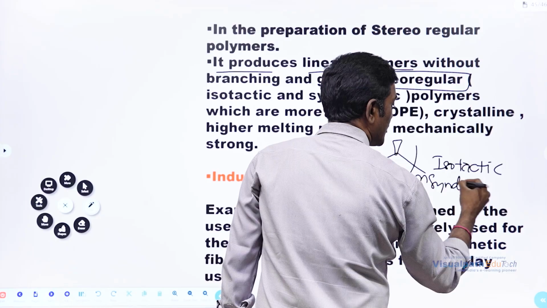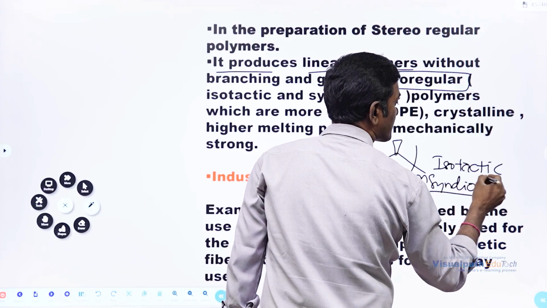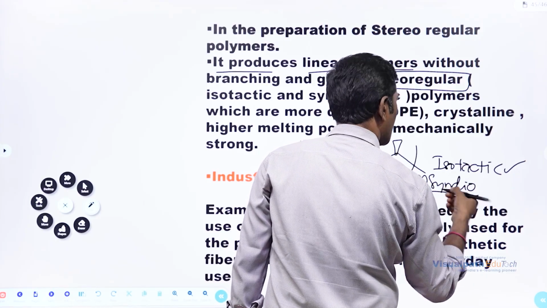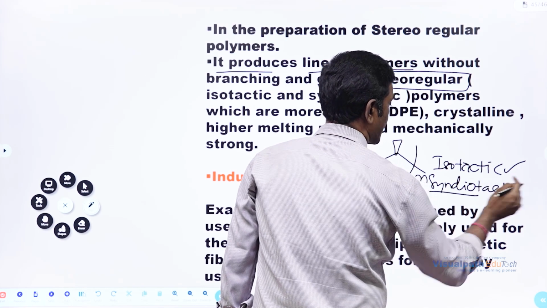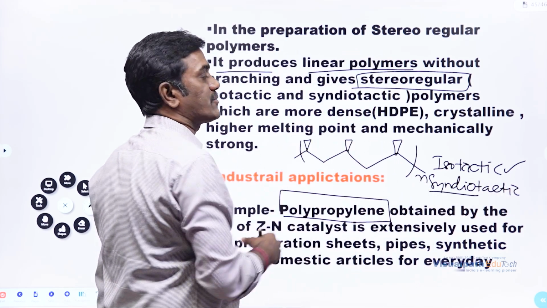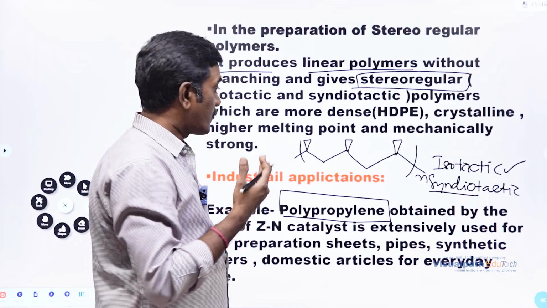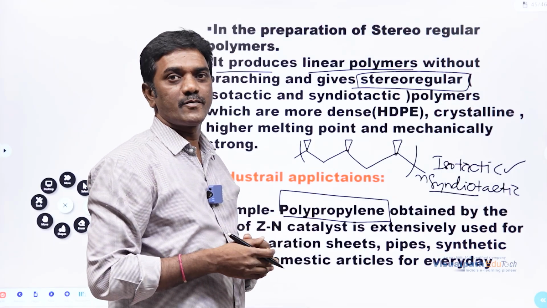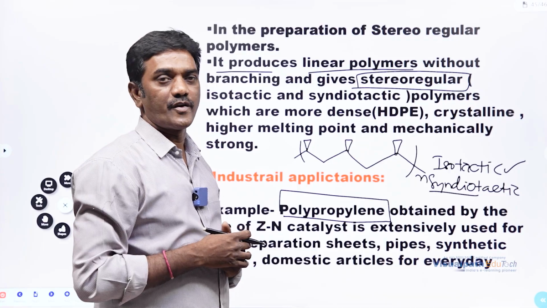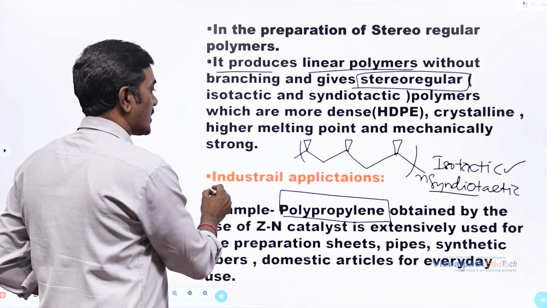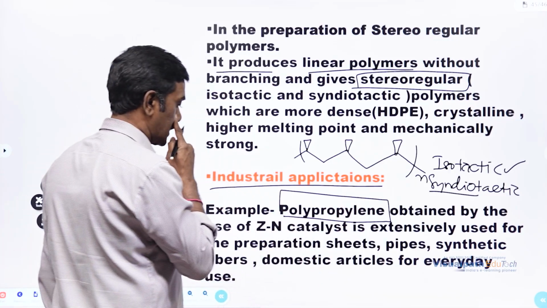So methyl groups will be on the same side, isotactic will form actually. Otherwise, it can form syndiotactic also. But mostly it will form isotactic. It will give you high density polymers. And to prepare this type of high density polymers in industry, they use this Ziegler catalyst for higher quality. That's the industrial application of this Ziegler catalyst.